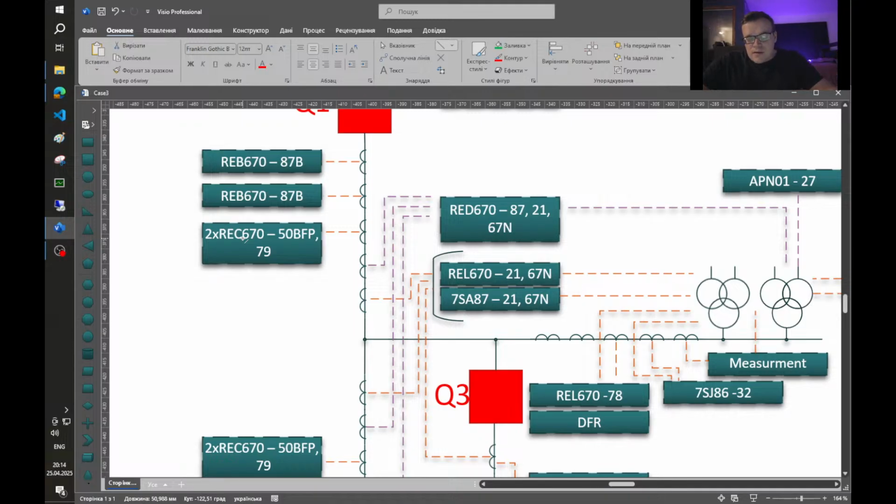So the main difference between modern and old designs is that now each protection has its own phase selection logic, and every protection just makes single or three phase trips by itself or through the REC 670.